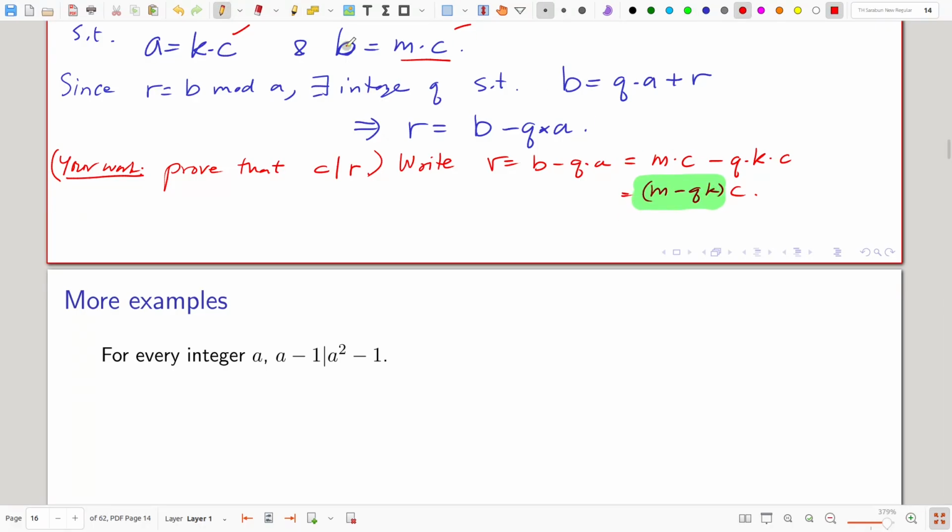But why is it an integer? Because Q is an integer, M is an integer, and K is an integer, right? So because Q, K, M are integers, M minus QK is an integer, and so on. Okay? Don't miss this.